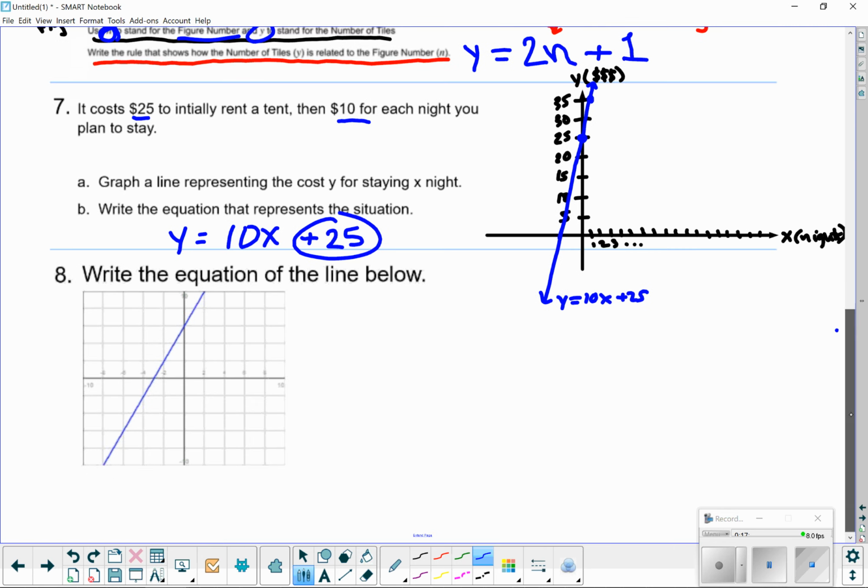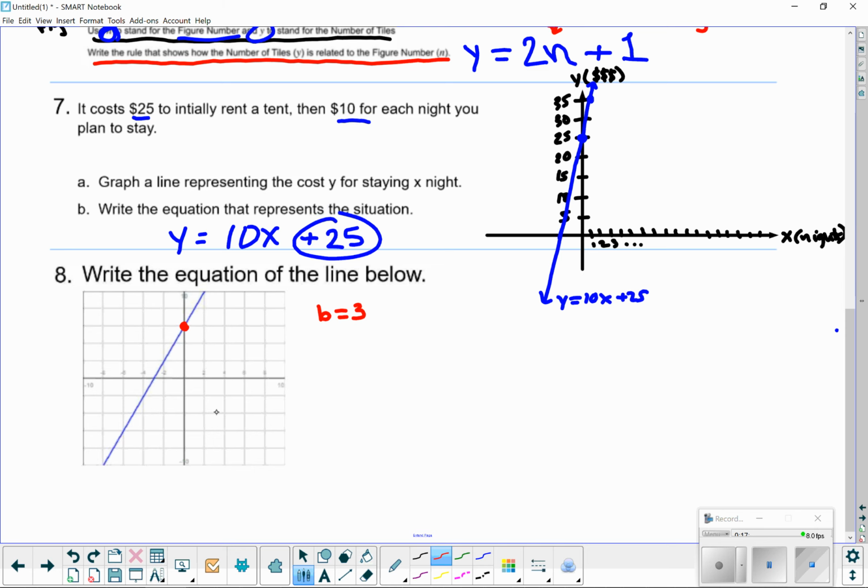Write the equation in the line below. Okay, again, this is actually what we just did, except it's backwards, right? So you got to notice a couple things, like where it is across the y-axis. That's your B. That's your 1, 2, 3. And another thing you got to notice is what's your slope.